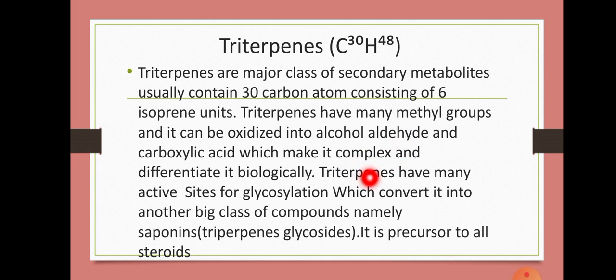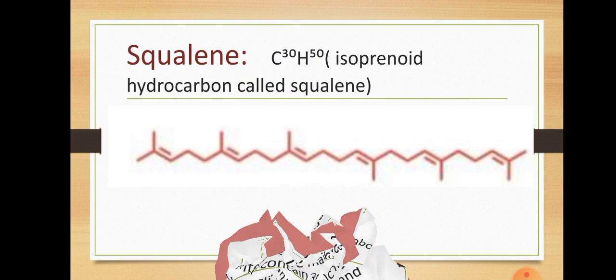Triterpenes have many active sites for glycosylation, which converts them into another big class of compounds, namely saponins. Saponins are compounds having the characteristics of soap-like material. Triterpenes are also a precursor to all steroids.